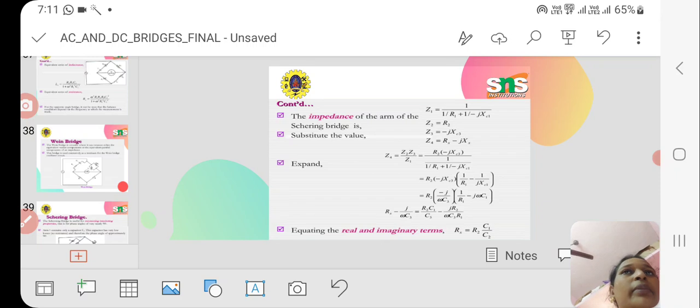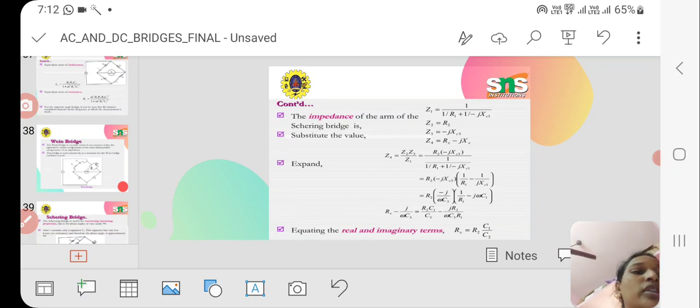So the unknown capacitance Cx is given by C2R4 by R3. From this equation, it is found that the unknown capacitance is free from frequency.